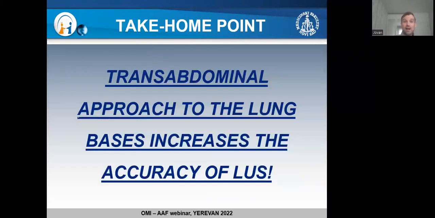So what is another take-home point? Transabdominal approach to the lung bases increases the accuracy of lung ultrasound. So although in some papers you will read that they are using only transthoracic approach, please use both transabdominal and transthoracic approaches.